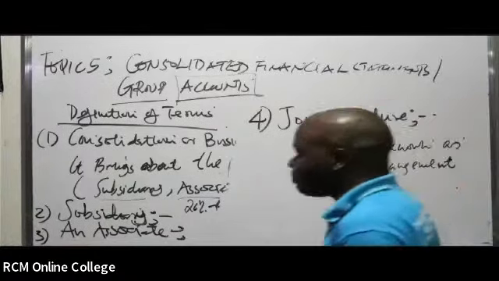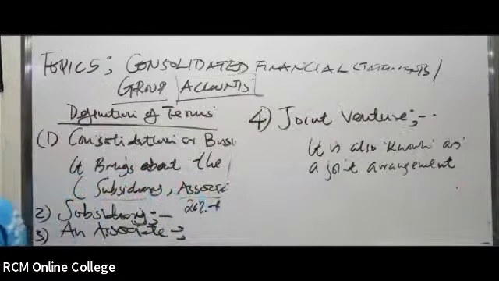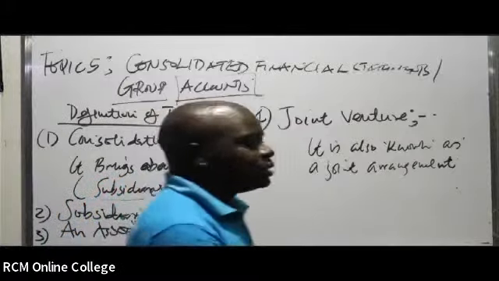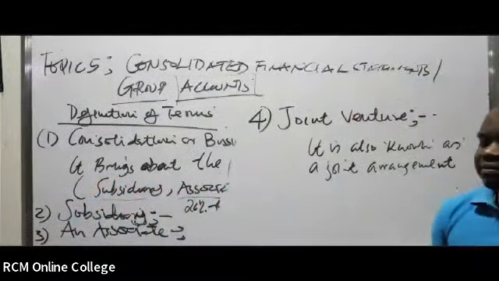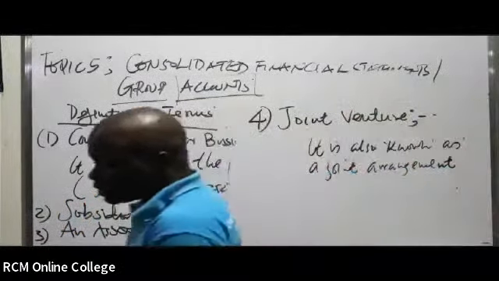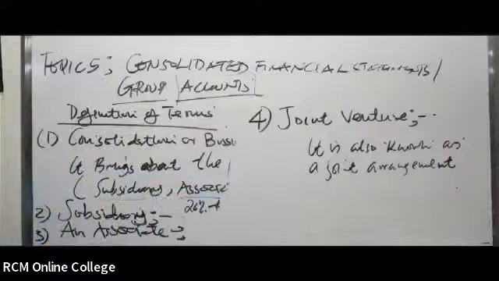Exactly 50% brings about what? A joint arrangement, or a joint venture. That other company in which shares have been acquired will be referred to as a joint venture.